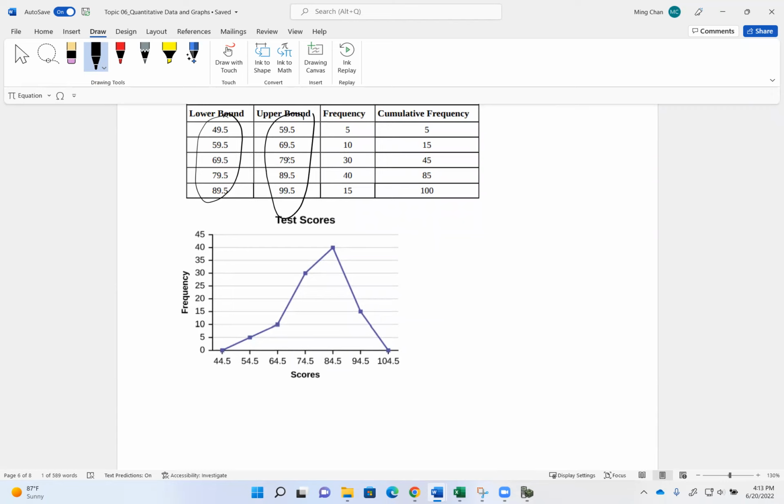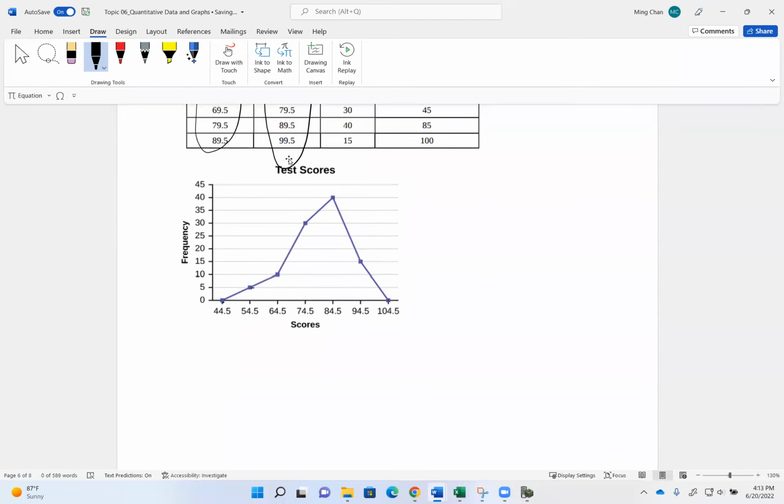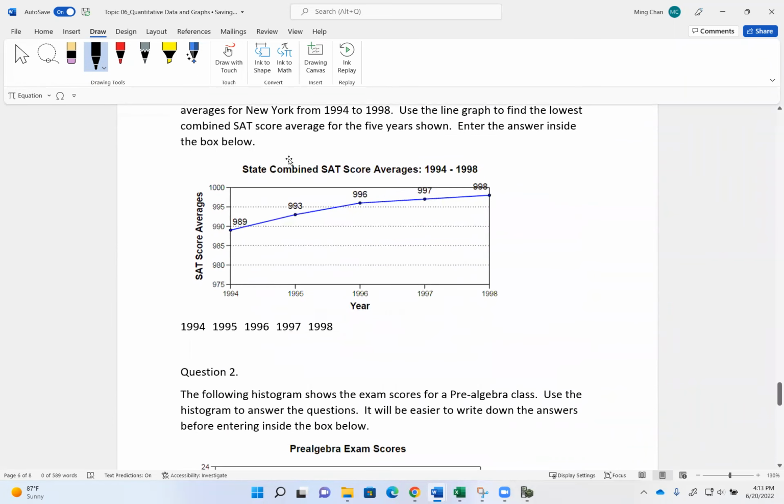See this frequency 5 right here? That's right here at 54.5. So it goes from 0 to 54.5. And at the very end, it goes back down to the x-axis. It has to be drawn that way. But with a line graph, you don't connect back to the x-axis.